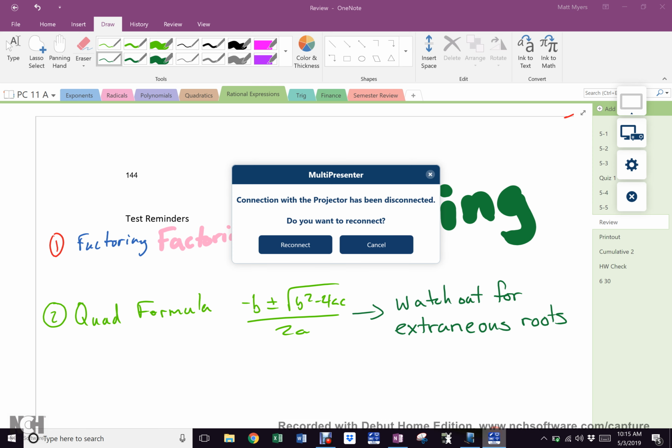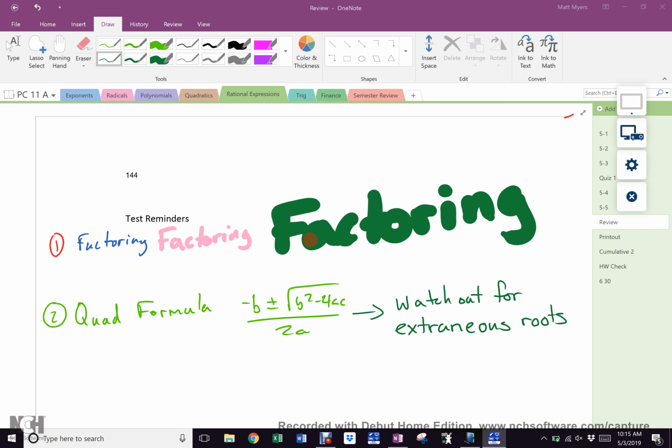I know it's blue. Extraneous roots, right? You have to know if the answers that the quadratic formula gives you are okay in the situation you are doing, which means checking 2 things. What are the 2 things you have to check?